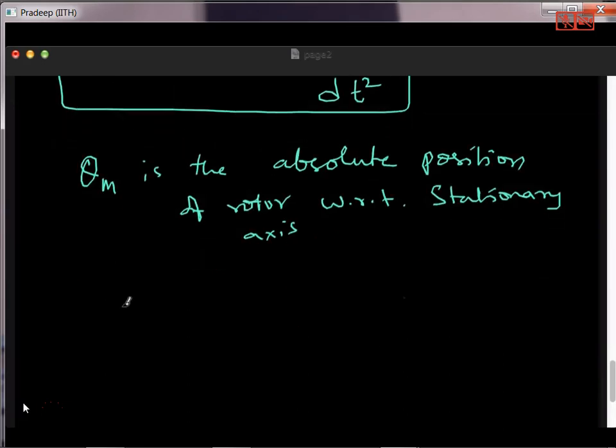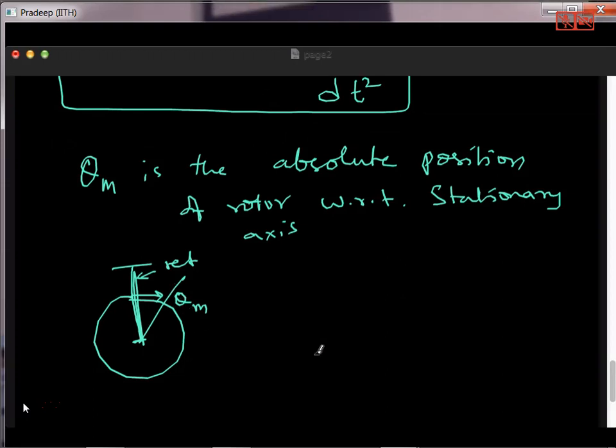So if this is the rotor and this is the stationary reference, then from there, how much the axis of the rotor has moved is theta m.